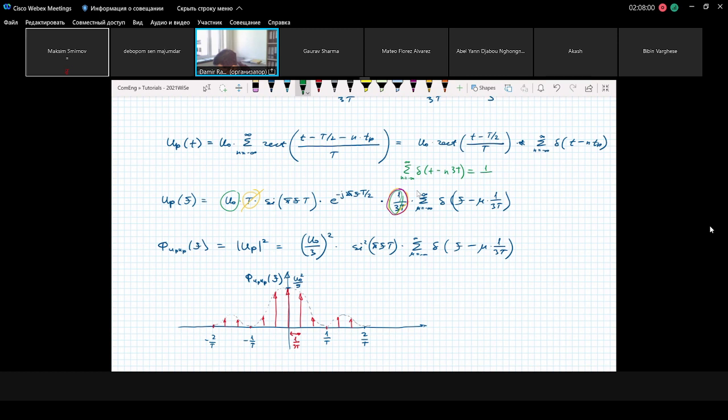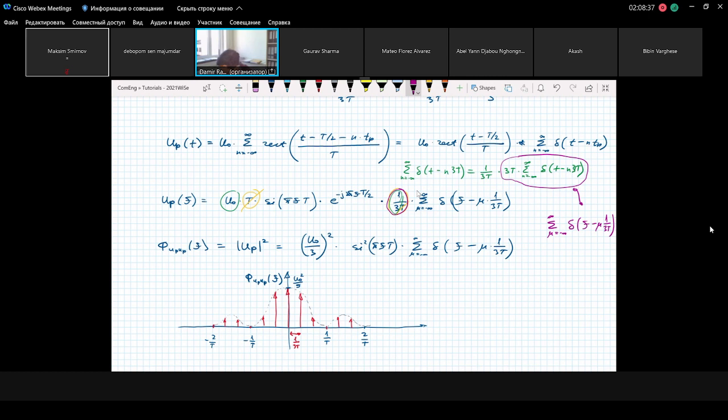We write it as 1 over 3T times 3T times the summation n from minus infinity to infinity of delta t minus n 3 capital T. Then the expression which contains 3T and the summation can, after the Fourier transform, be written as the summation mu from minus infinity to infinity of delta pulse f minus mu 1 over 3T.